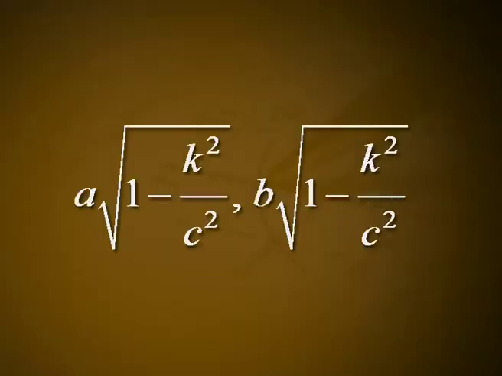This is an ellipse with its semi-axes a into square root of 1 minus k square by c square, b into square root of 1 minus k square by c square, and center on the z axis. This is a real ellipse if k square is less than c square, a point ellipse if k square is equal to c square, and an imaginary ellipse if k square is greater than c square.